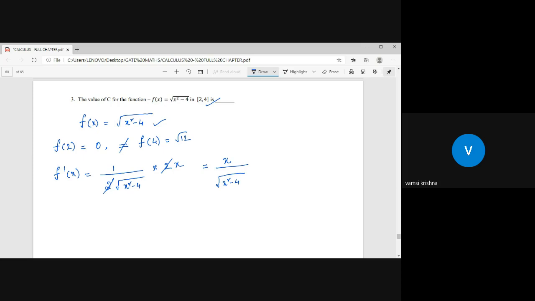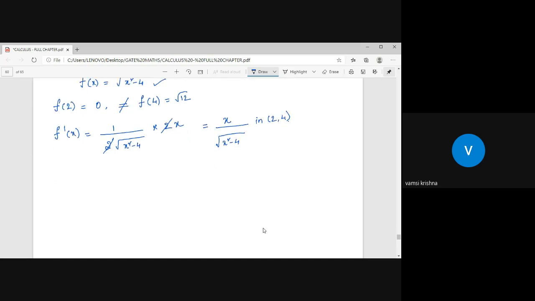So in this interval, we have f dash of x in 2 comma 4. So we have to take 2 comma 4, so I will get f dash of c, and that c must belong to 2 comma 4. Let us apply Lagrange's statement.